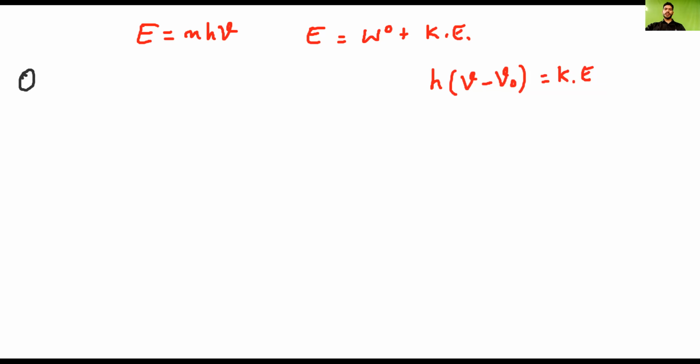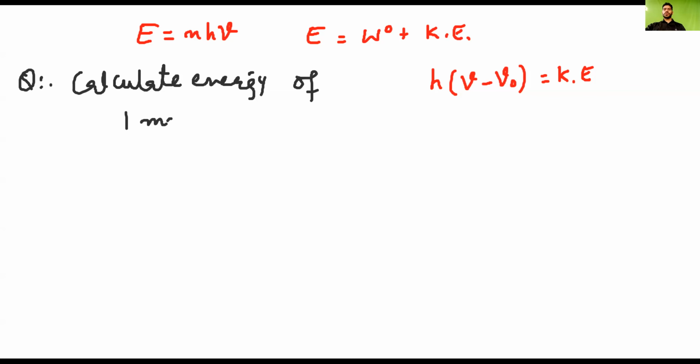For example, if I write a question: calculate the energy of 1 mole of photons having frequency 10 raised to power 10 hertz. So can you calculate this? You just have 1 mole of photons and you have to calculate its energy. So how to calculate? Simply you will write here that E is equal to nh nu.